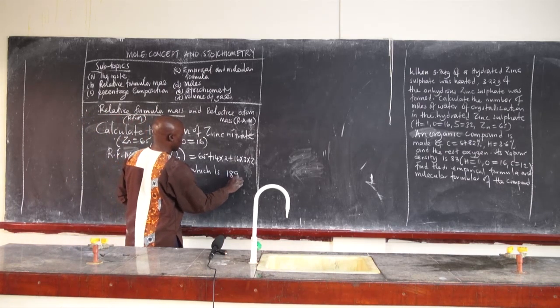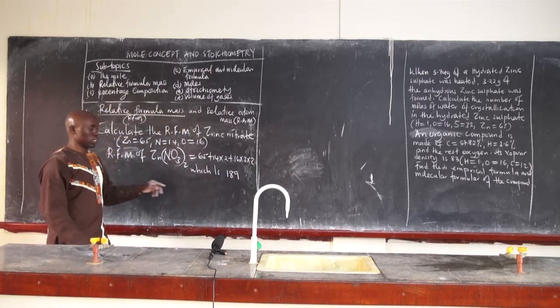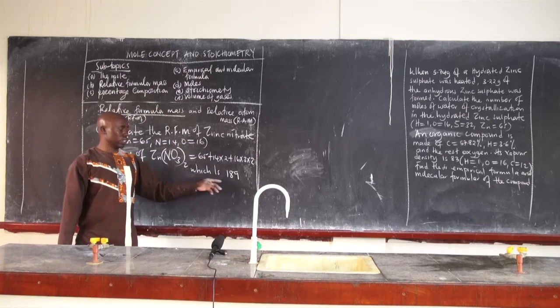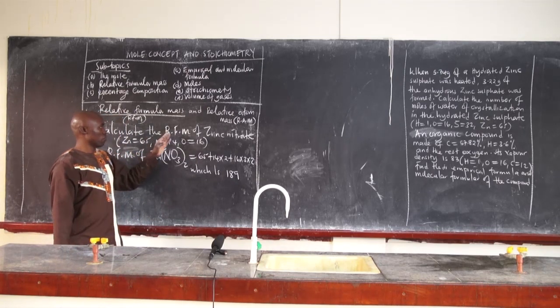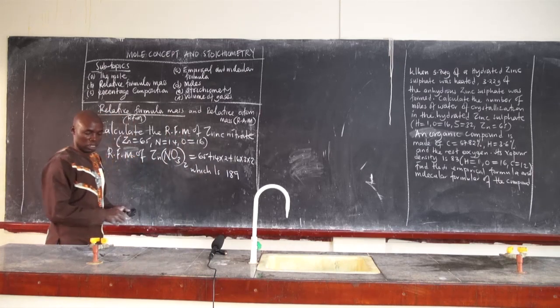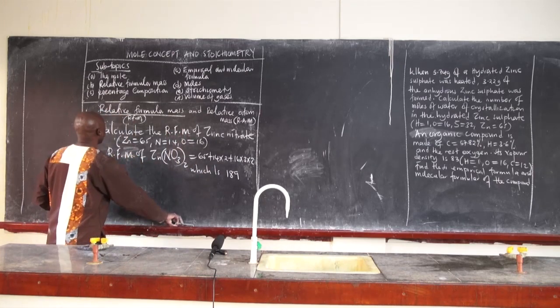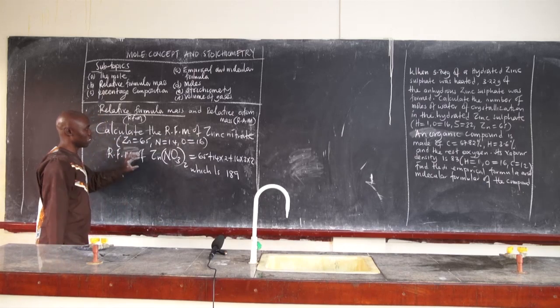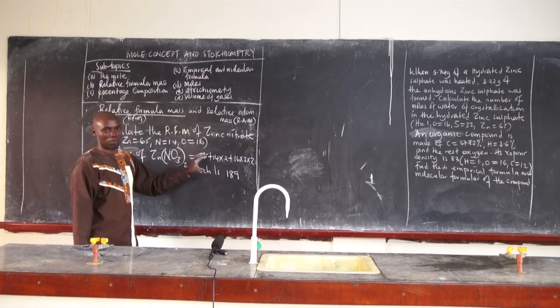So you don't put units because it's relative. In case it was determine the formula mass without the word relative, you are free to put units there. So let's dive into the next. I hope you understand now how to work out the relative formula mass.